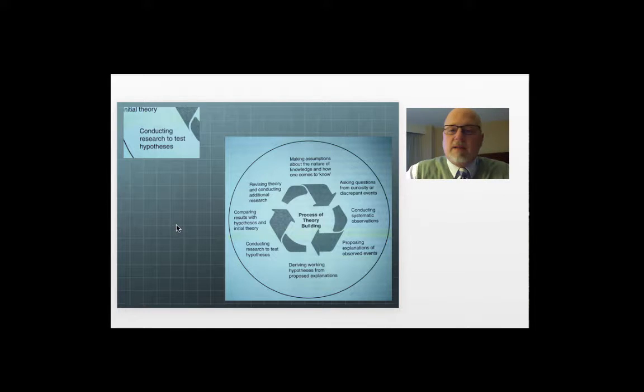But fundamentally, we're looking at comparing groups of individuals who have some experiences and contrasting those experiences to see if the treatment, in this case reading to middle school students, makes a difference. So we'll build some design and we'll go out and collect data from a group of middle school students.